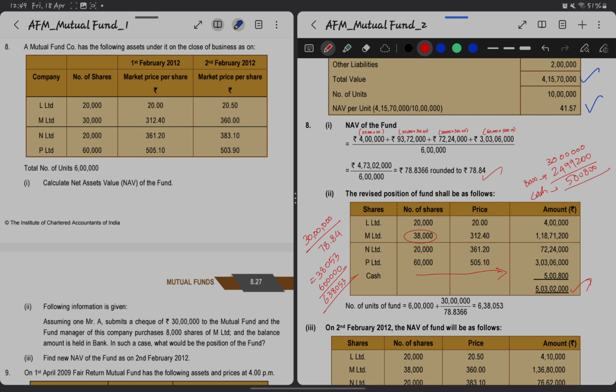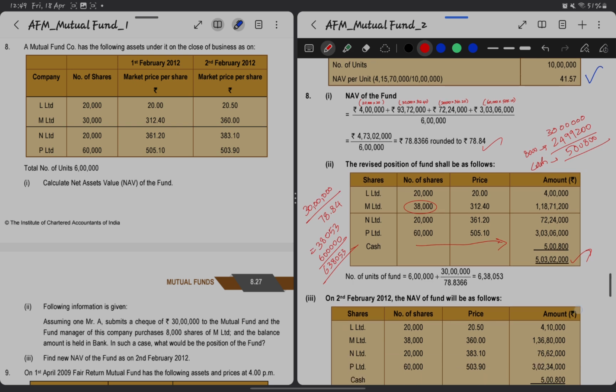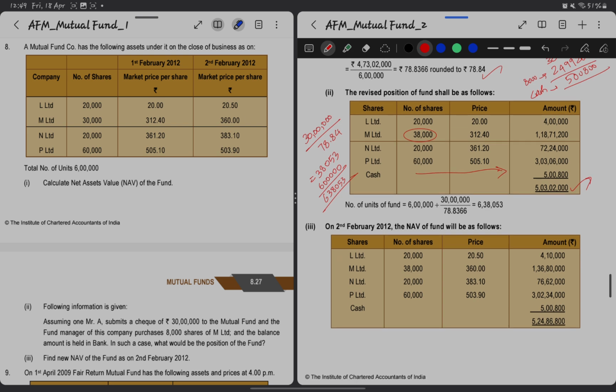Now the revised NAV we can find out by dividing this NAV by 6 lakh 38,053.